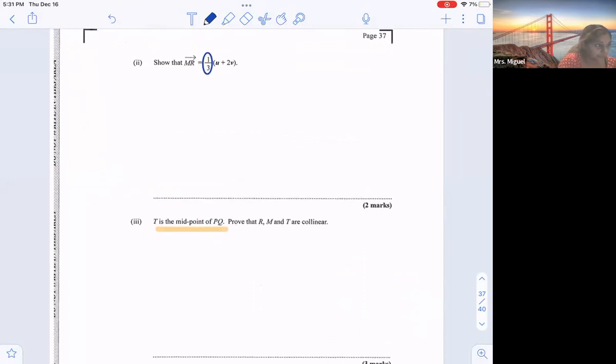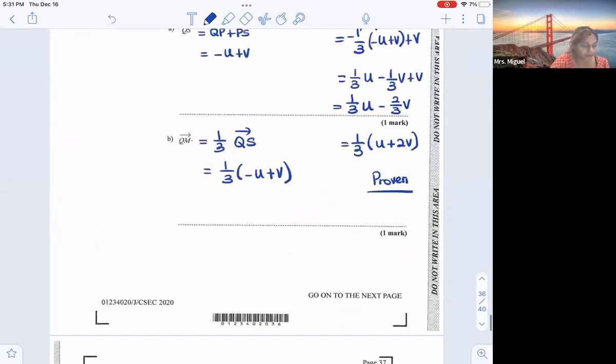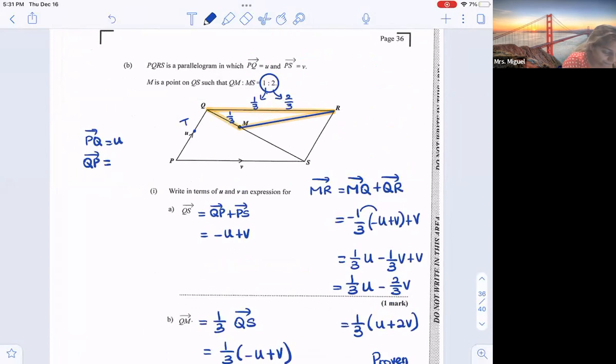So we're looking at two vectors, TR, and we're looking at MR. We already have MR, which is 1/3 U plus 2V. So we have to find the vector TR.